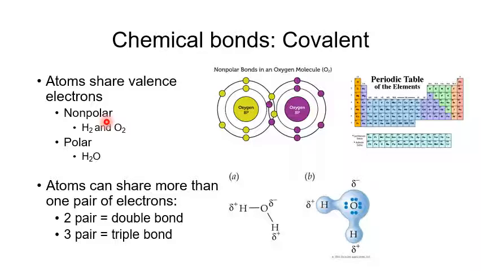There are no negative or positive pulls to the molecule because the electrons are held basically equally close to each of the atoms. Whereas with polar, where are the electrons? The electrons are pulled closer to oxygen here. And therefore, they are not equally shared.